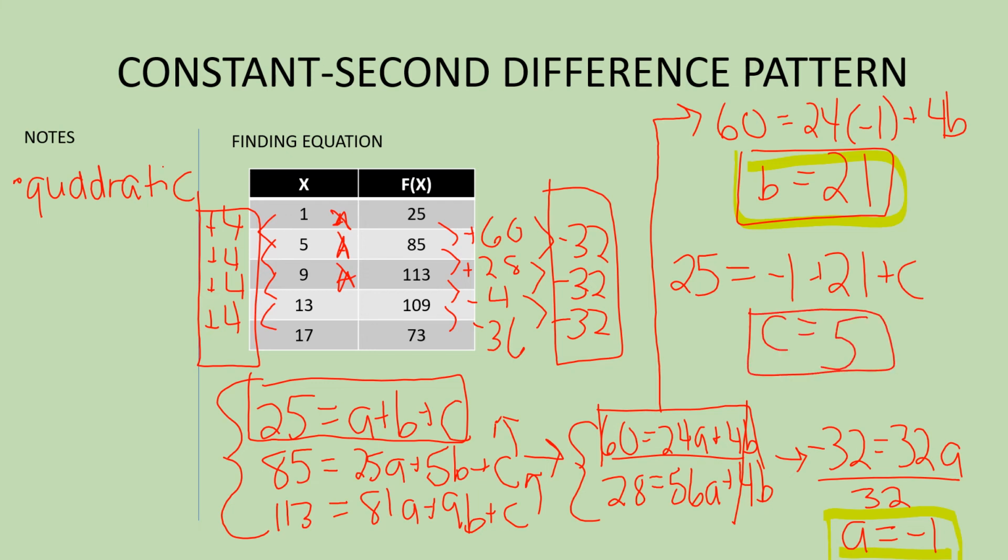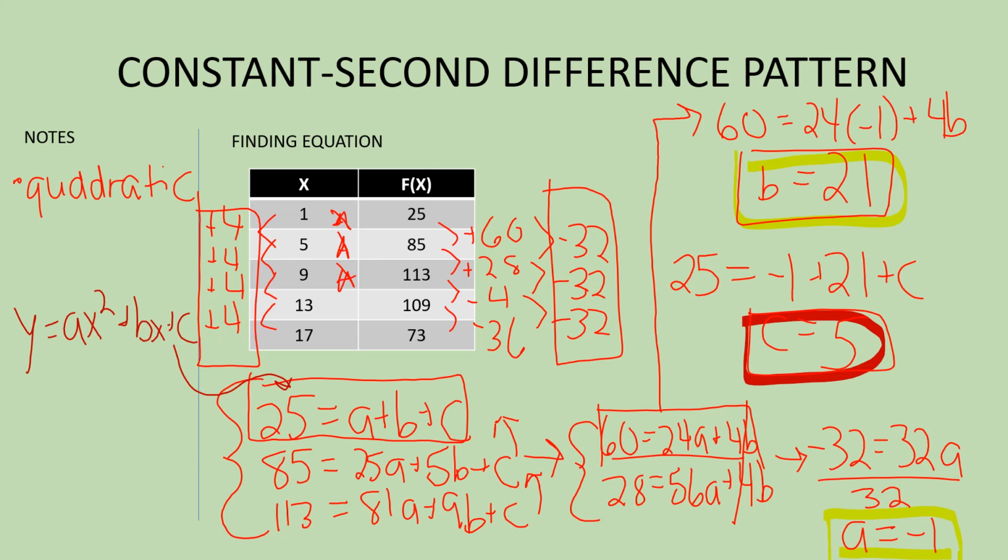So once we have all three of our a, b, and c coefficients, we are going to go back and plug those into the general form of a quadratic, which is y equals ax squared plus bx plus c. And that's again what we plugged in for those.